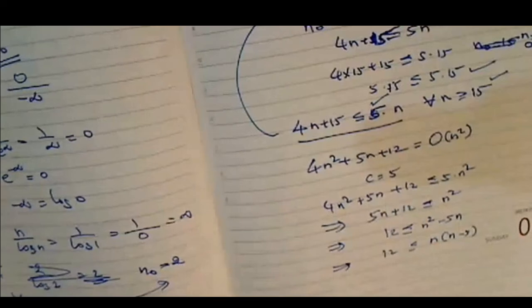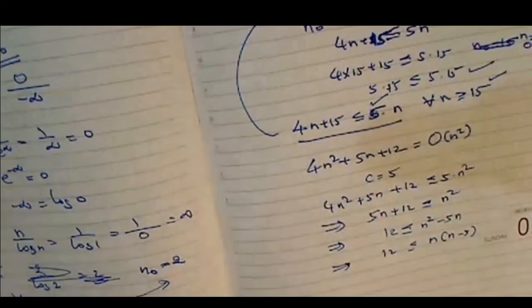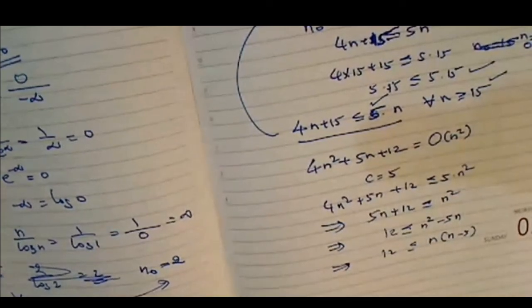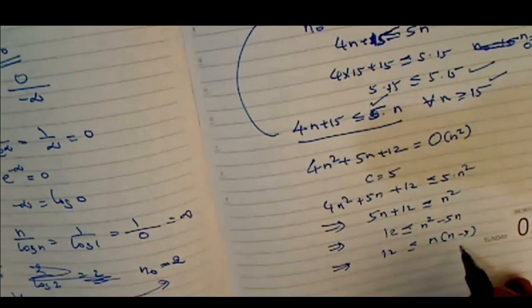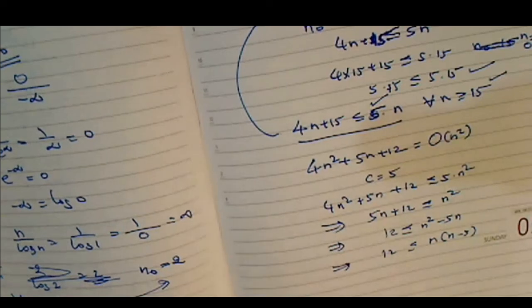Okay, so now what you have to do is substitute n is equal to 5 in this inequality. Check whether the inequality is satisfied or not. N equal to 5 means this factor becomes 0, right? So 12 less than or equal to 0. Is it true? No, right? It is not true. Okay, now you put n is equal to 6 and see.